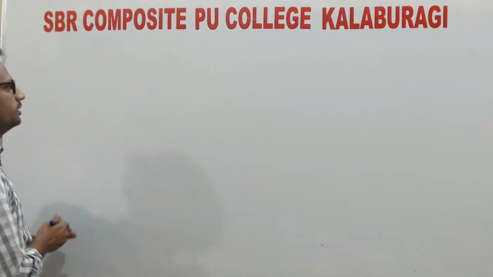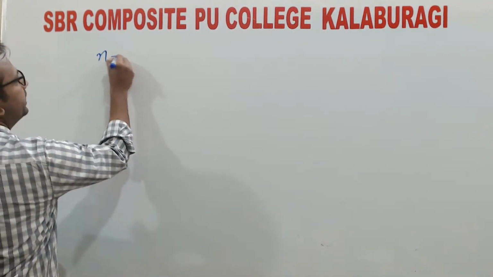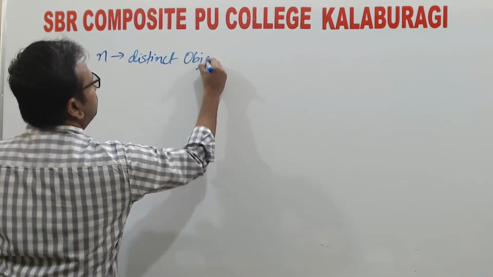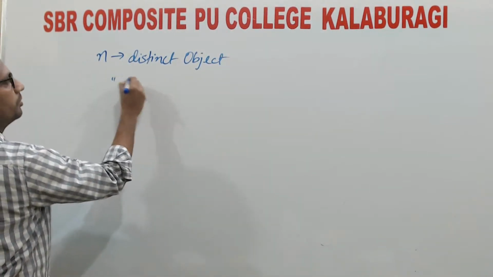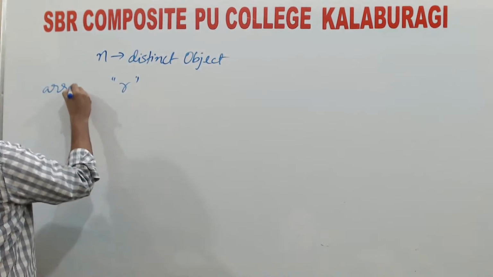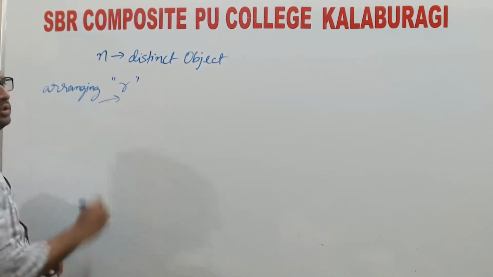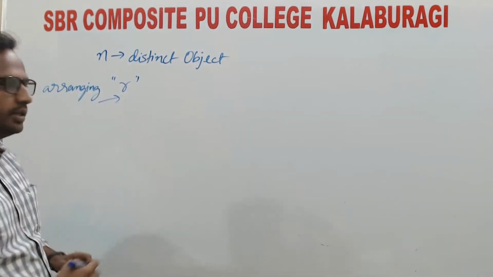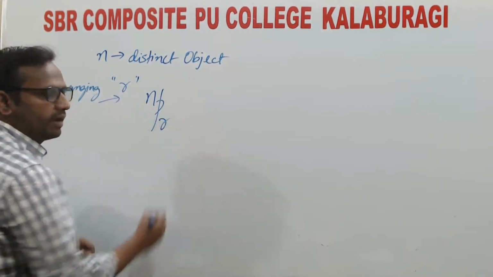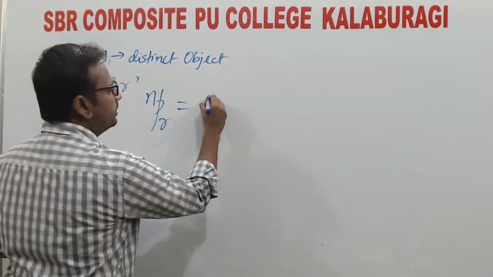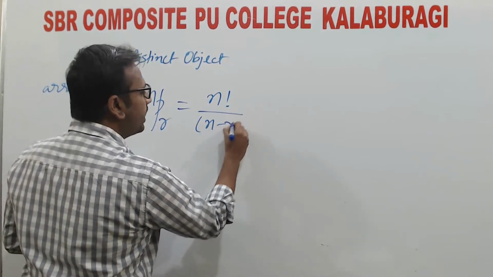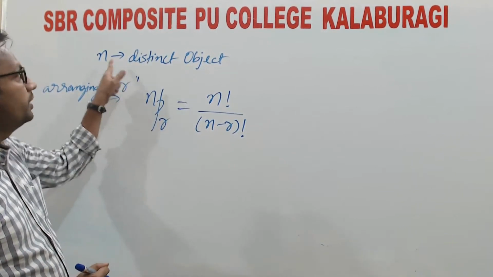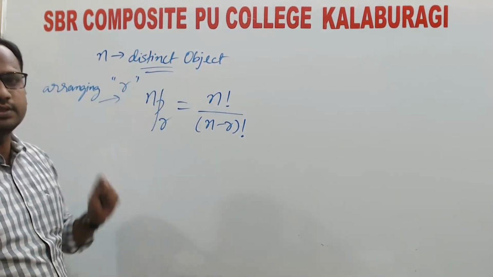As we know, if we have n distinct objects and you are arranging r number of objects, then it is denoted as nPr, and it is given as n factorial divided by (n minus r) factorial. This is the definition of arranging r objects from n distinct objects. This is the thing you have to remember.